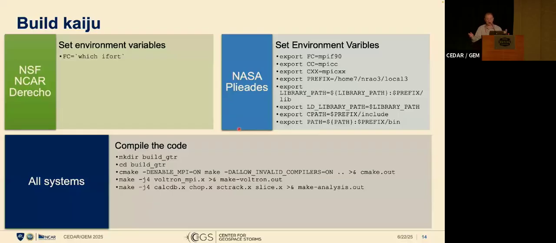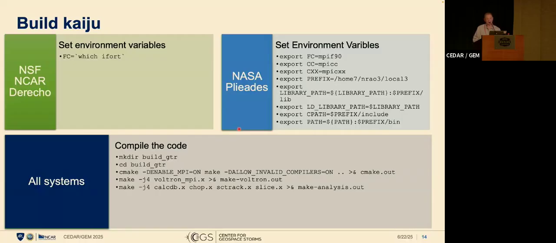Okay, once you have a makefile, then you can go ahead and proceed with the building of the code base for the Geospace portion of the model there, and that's the simple make -j4 voltron_mpi.x command. The -j4 actually allows it to do some compiling in parallel because there's a lot of different submodules that need to be built.